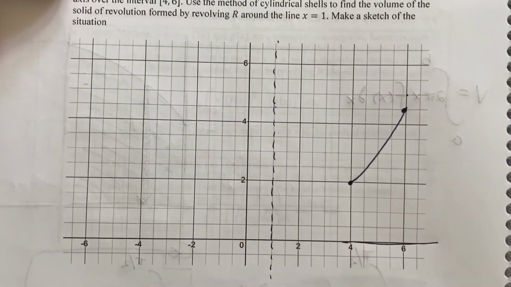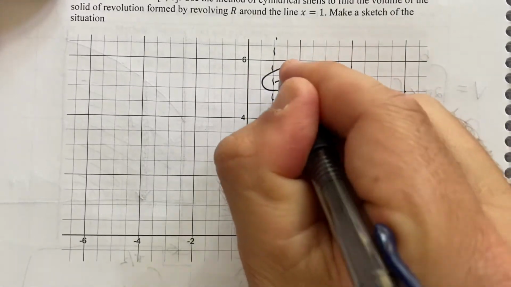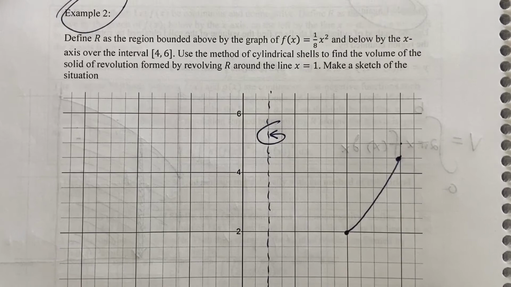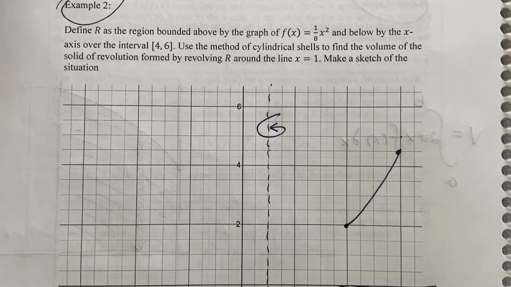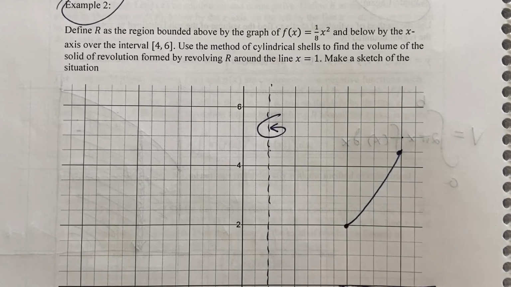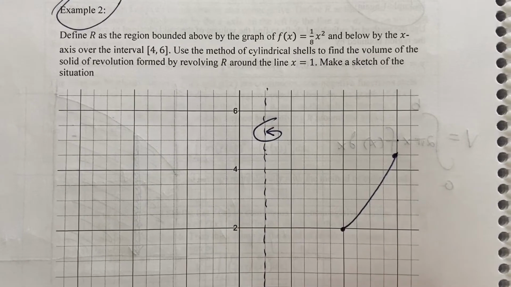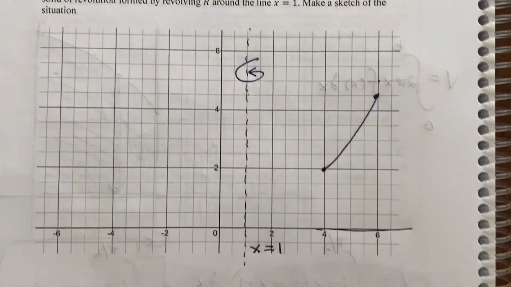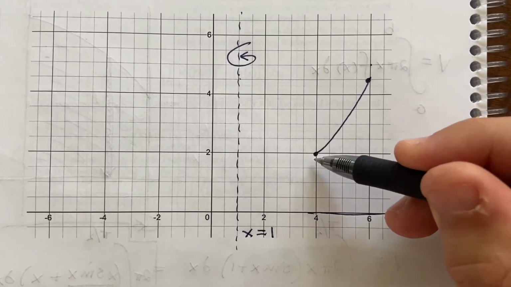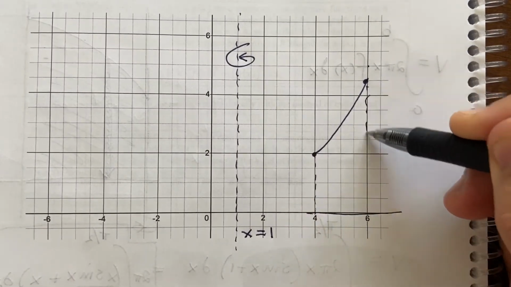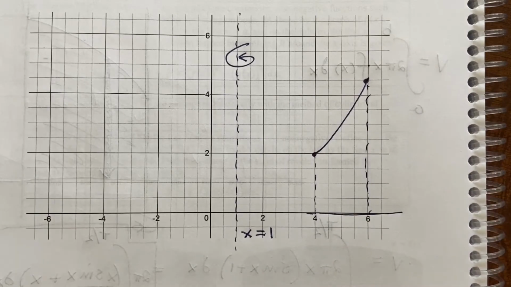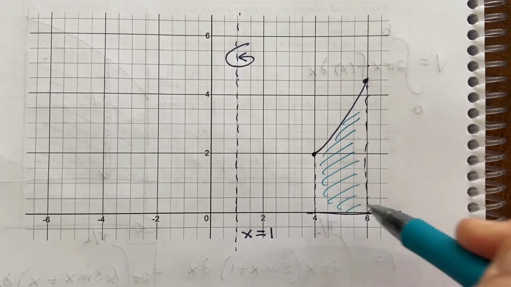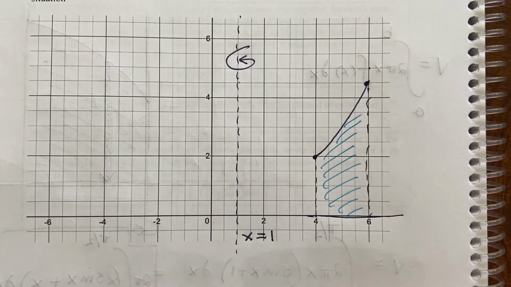This is one of the first ones where we're not rotating around one of our primary axes, right? We're rotating around x equals 1 in this case. So we have this area, and we're rotating around this axis here.